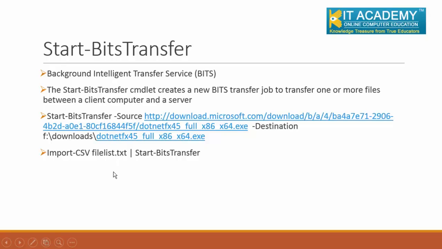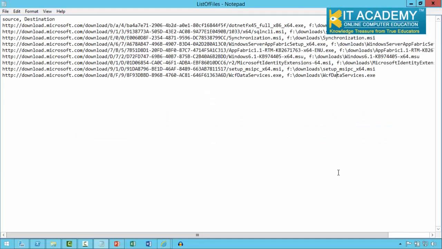Let me show you that file. You can now see I have a new file called listoffiles.txt. There are some rules we need to follow when creating the entries in this file. You should have two different columns here, source and destination. This is a CSV file, a comma separated value file.